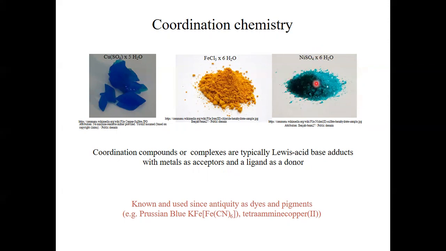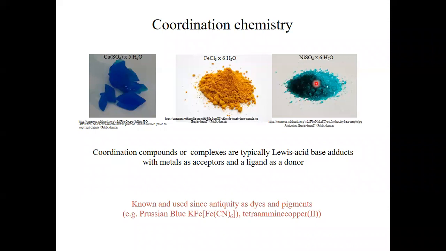Of course, chemists were interested in what the chemical composition of these compounds is and what the bonding in these compounds is. Very early on, chemists found that these kinds of compounds seem to be more complex with regard to their bonding than other compounds, hence they're also called complexes.